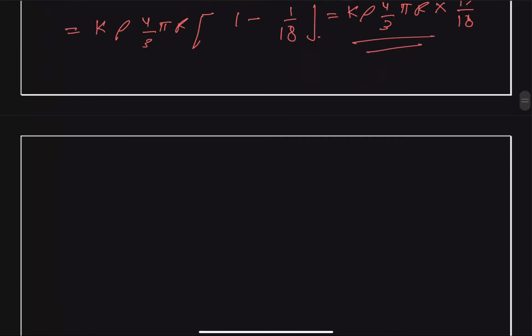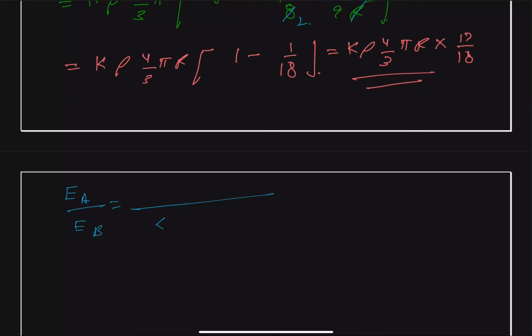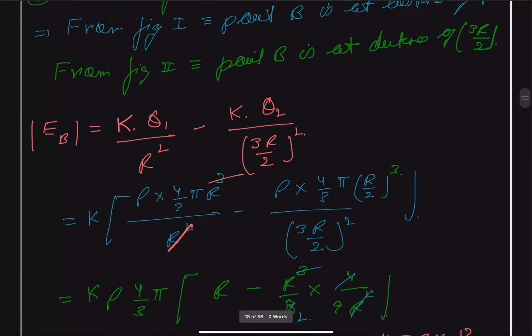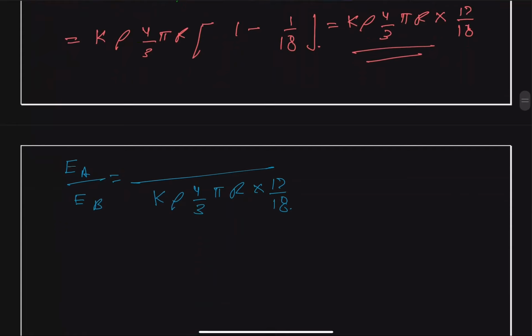We found our electric field B, and we need the ratio. So electric field A to electric field B will be equal to K rho 4 by 3 pi times r by 2, divided by K rho 4 by 3 pi r times 17 by 18.